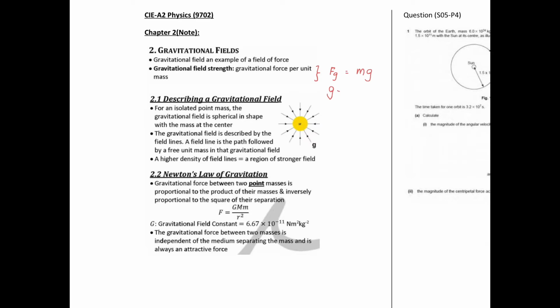So g is gravitational force over m. So gravitational field strength is actually g. Because of this, everything should make sense already: the gravitational force, Fg, divided by the mass. Of course, on the surface of the Earth, g is 9.81.